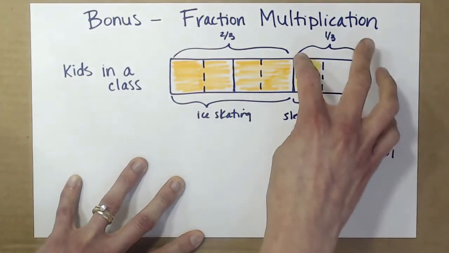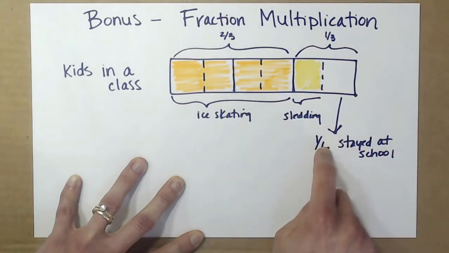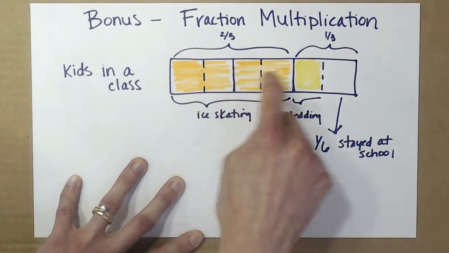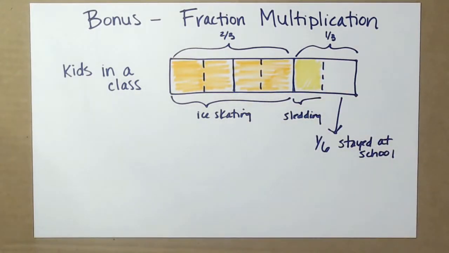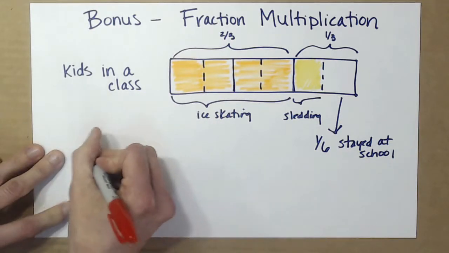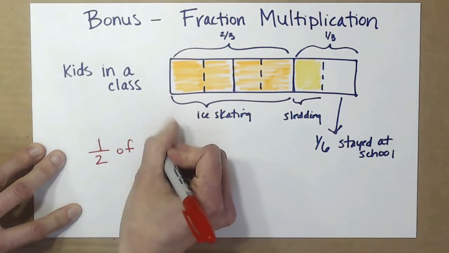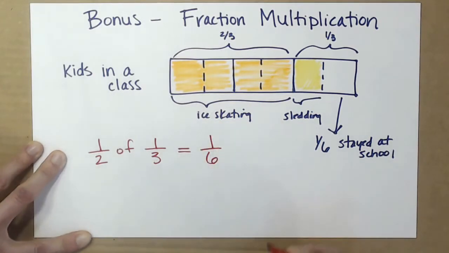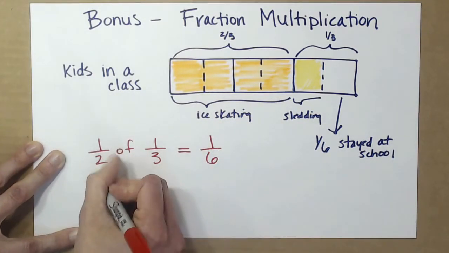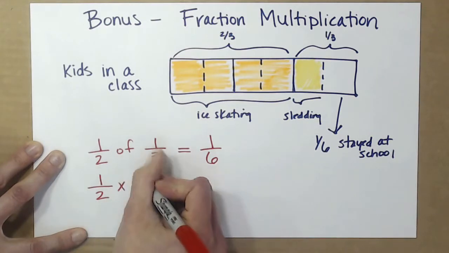So the 1/2 of the 1/3 we find as 1/6, because now we have 6 parts. Only 1 is left. That's 1/6. So what we're doing here is we're taking 1/2 of 1/3, and we're getting 1/6. 1/2 of 1/3, that's really 1/2 times 1/3.